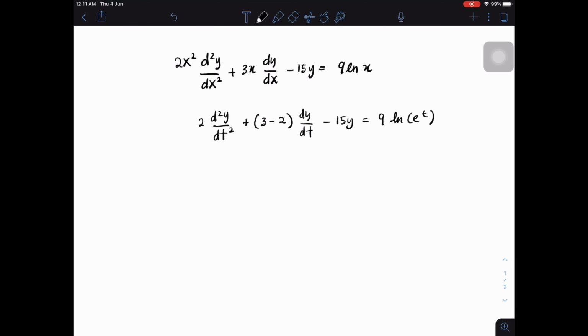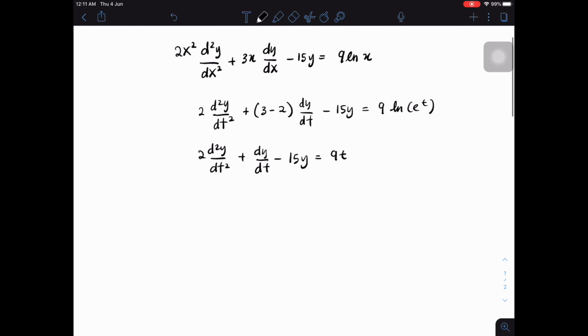Therefore what you will have here is 2 d²y/dt² plus dy/dt minus 15y equal to 9t. So this one is a non-homogeneous second order ordinary differential equation that we can solve by using undetermined coefficients.